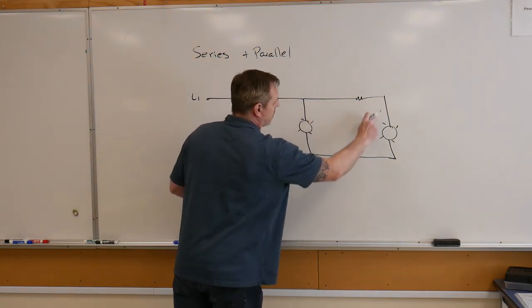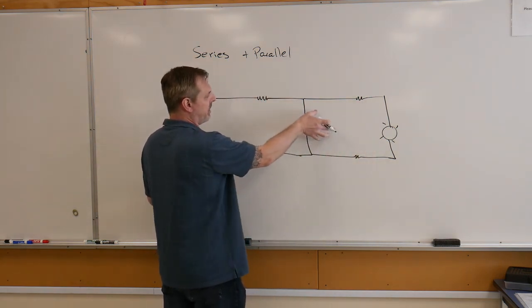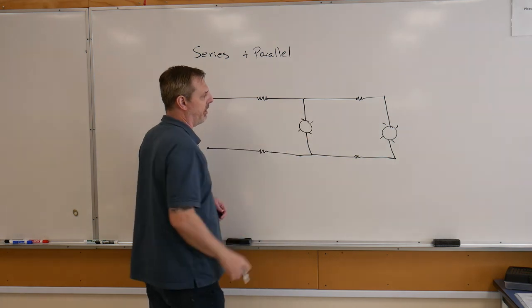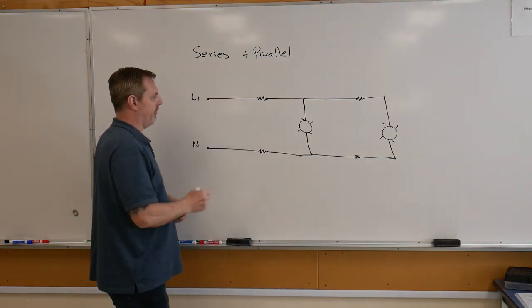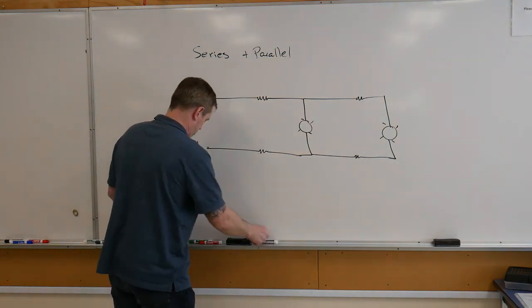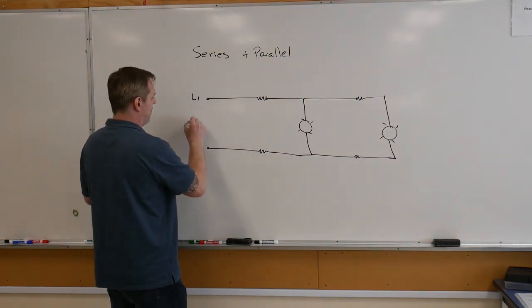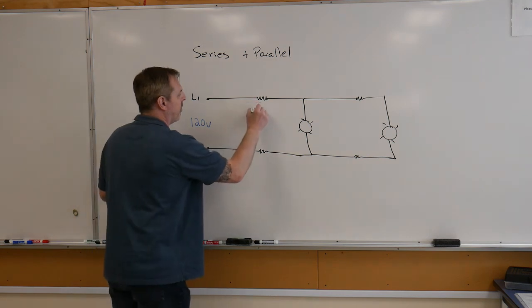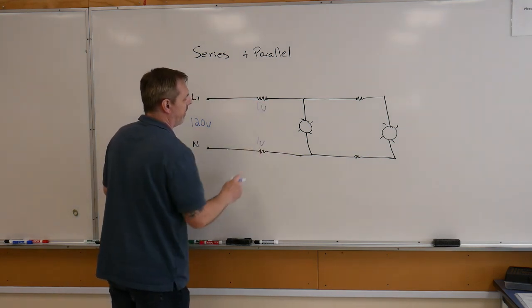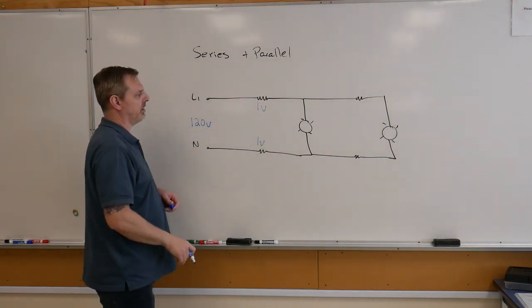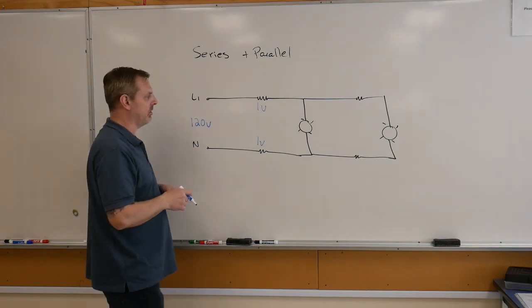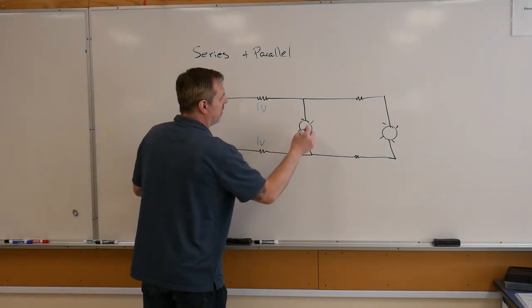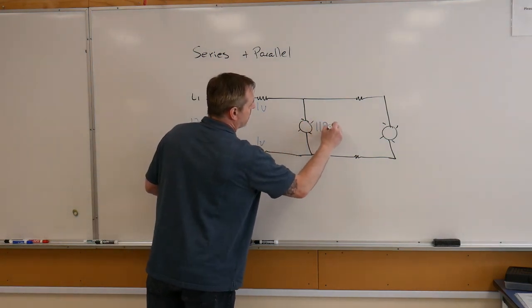However, this portion of the series connected load is strictly in parallel with that load there. So, if I had a 120 volt source here, and I dropped 1 volt here and 1 volt there because of the resistance on the line conductors and the current flowing to the load, then this load here would only have 118 volts across it.